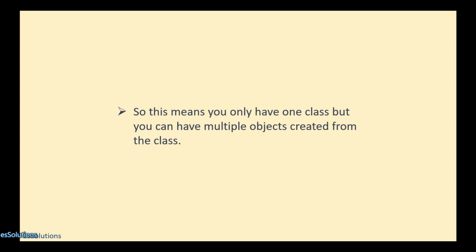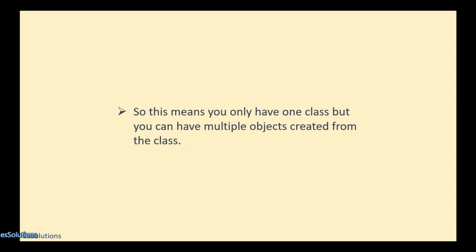So this means that you only have one class, but you can have multiple objects created from the class. So you do not need to have multiple classes. For example, if I have a particular plan for a building, and I've built one building from that plan, if I want to build that same house, I do not need to create a new plan.